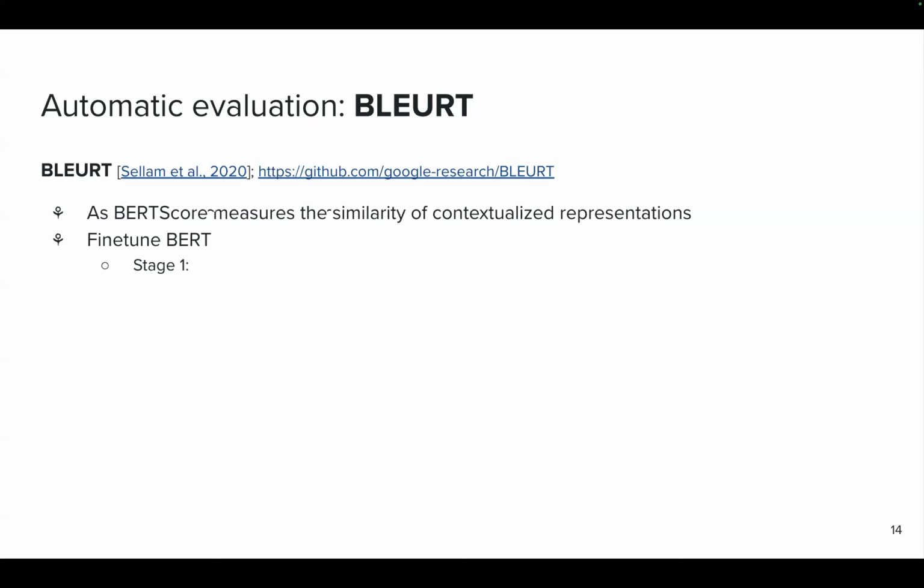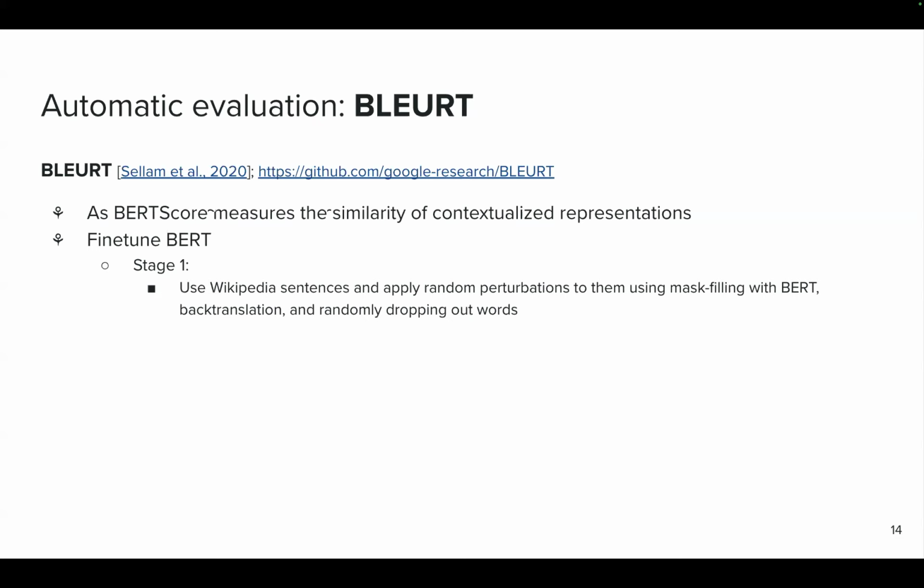So to circumvent human annotation here, what they do is they sample sentences from Wikipedia and apply some random perturbations to one of them.